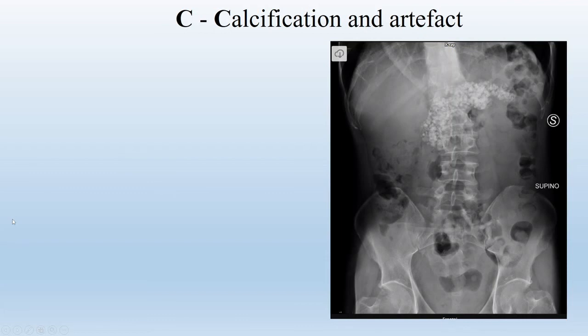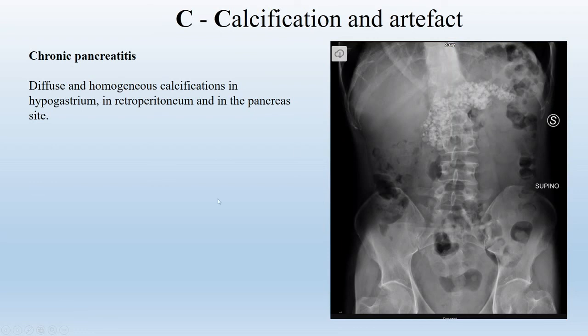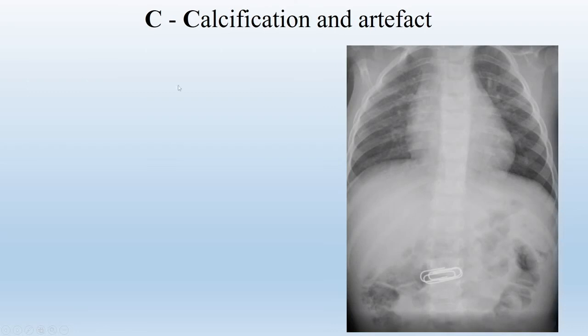It is, I'd say, striking normality over here. Chronic pancreatitis, diffuse and homogeneous calcification in the hypogastrium. Another thing that can be seen on the abdominal X-ray is this.